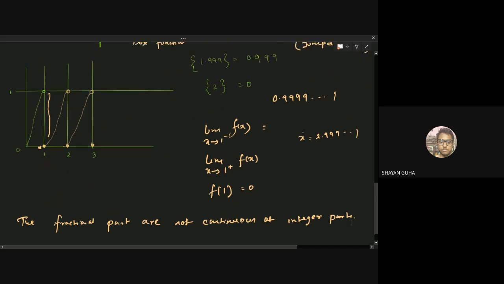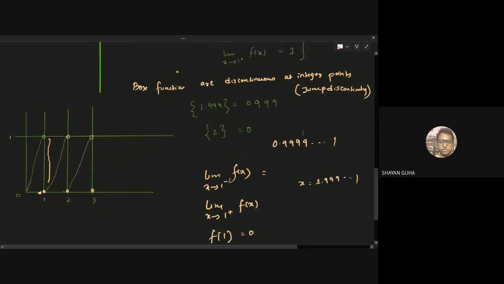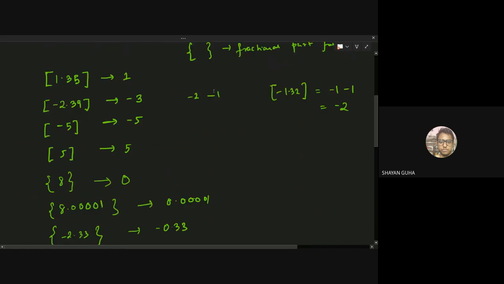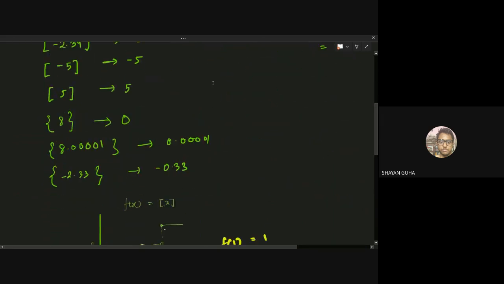So this was the intro, an outward idea of what's happening here, what kind of functions we are dealing with. Now let's move on to the question. Okay, the question is on the other page.